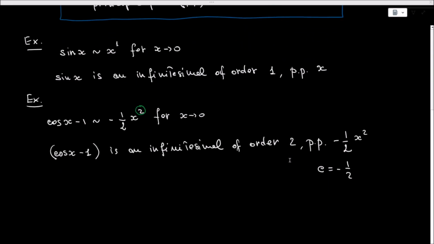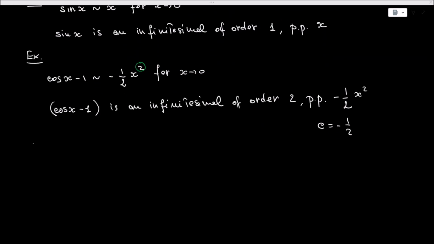Let's consider another example now. If we have the hyperbolic sine of x, now we know that the hyperbolic sine of x tends to 0 as x goes to 0, but we want to establish now what is the order of infinitesimal of the hyperbolic sine of x minus x.